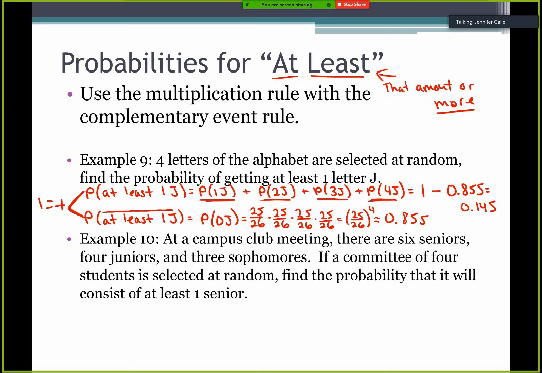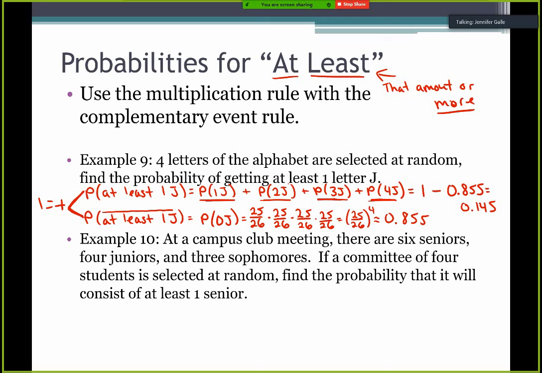So when you see that phrase, "at least," you might have to end up finding a whole bunch of probabilities and adding them all together. Or you can use the complement and make life a lot quicker and easier. So play around a little bit with example 10. See what you think. Try using that complement idea. Try it out.